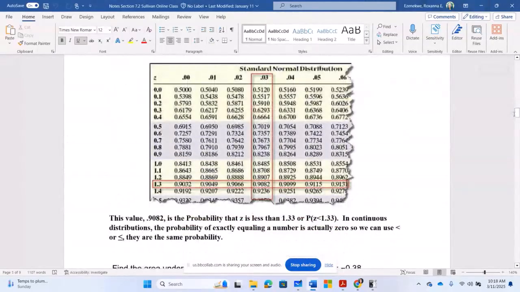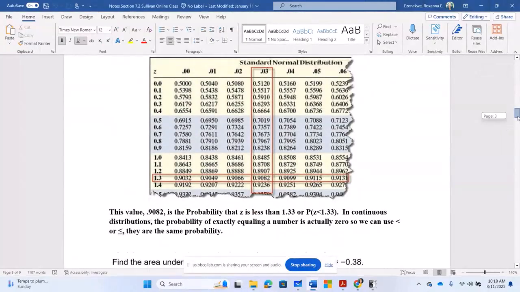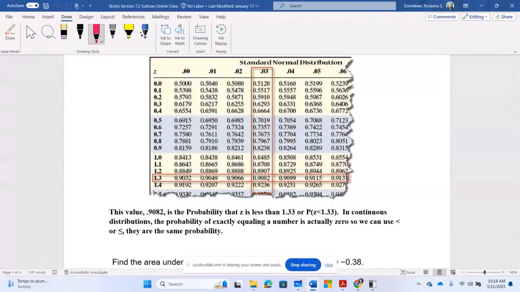So actually you'll be given the chart. So I should be able to read the chart. You'll be given the chart. If I'm told to read the chart, 0.9082, okay, so let's read this one from the chart.